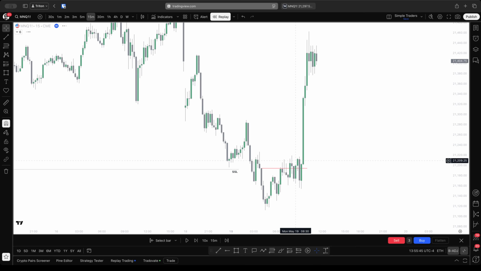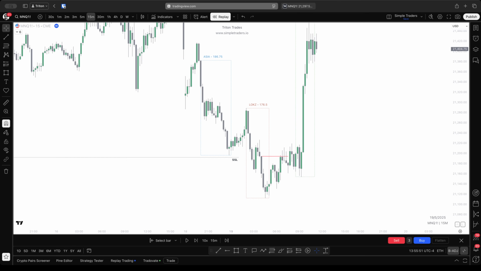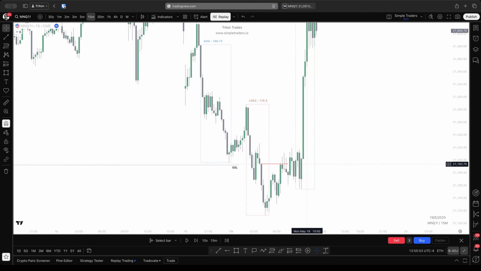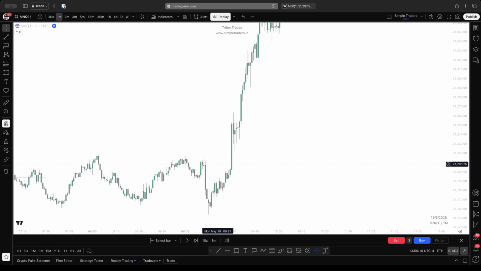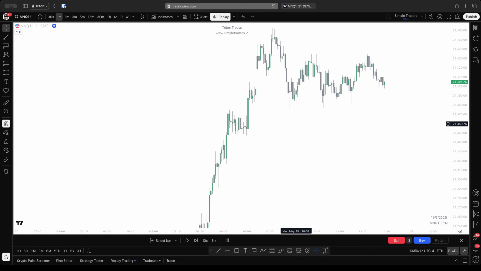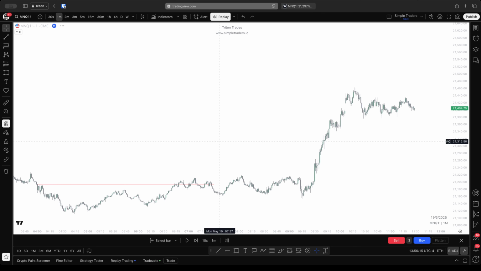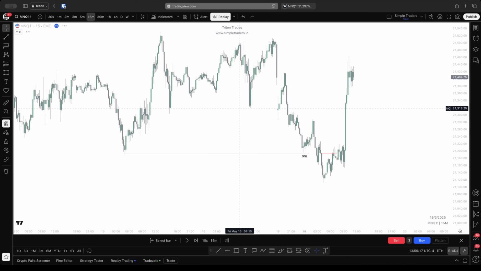So after 7 o'clock, once the CRSD has been confirmed, you could have taken a long position. If you drop down to the lower time frame, there was no entry model that I can think of over here.